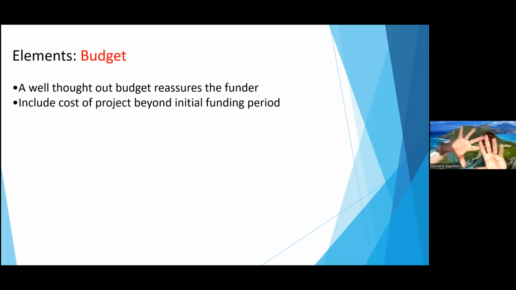There are some agencies that want you to put all of that cost, the full 60,000, even though they know that they're only going to give you 40,000. What you now have to do is let them know where you're going to get the extra 20,000. But there are some that require you to give them the entire cost of your big project, even though they're only giving you a portion of it. Okay?